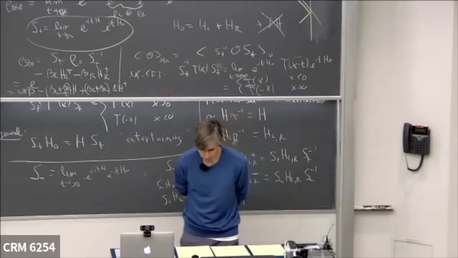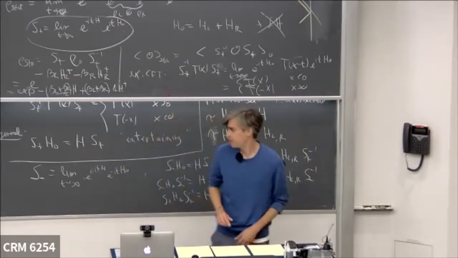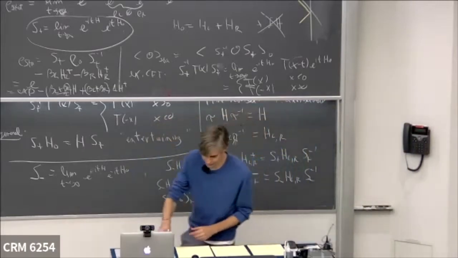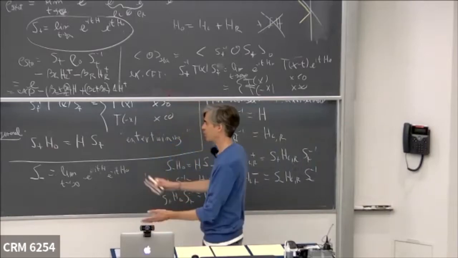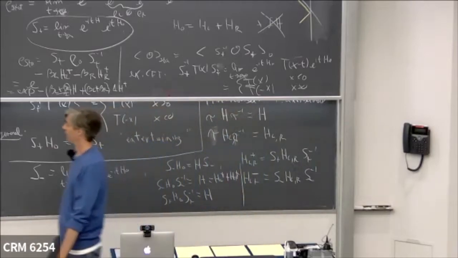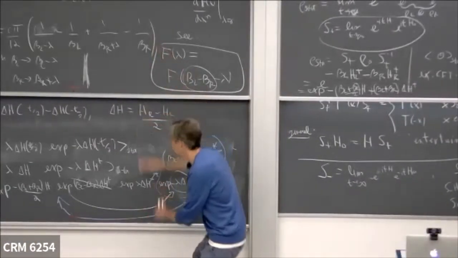Questions about this? Okay, so the other thing that I wanted to go over: there's this general fluctuation relation, which can be seen in CFT. So there's two things, right? This can be seen in CFT, and it is general.